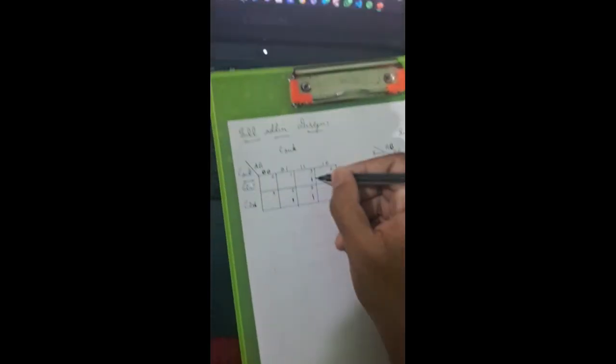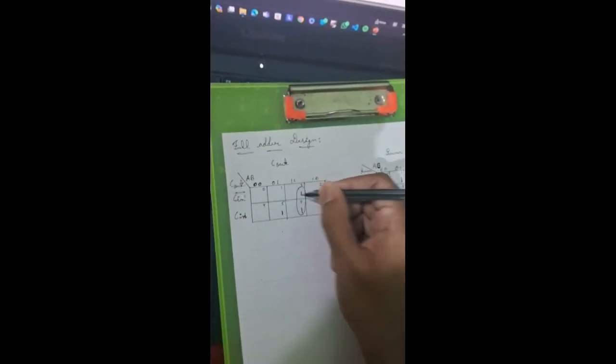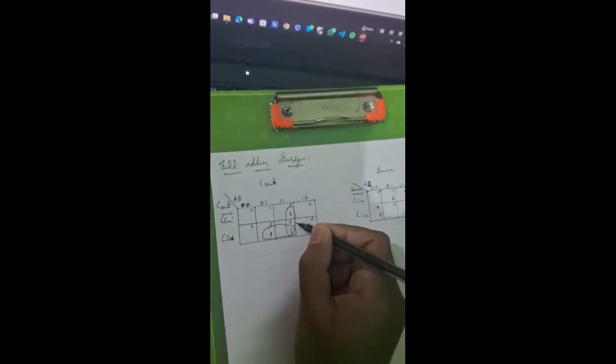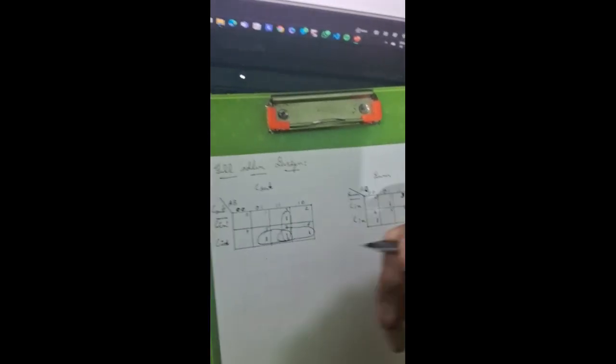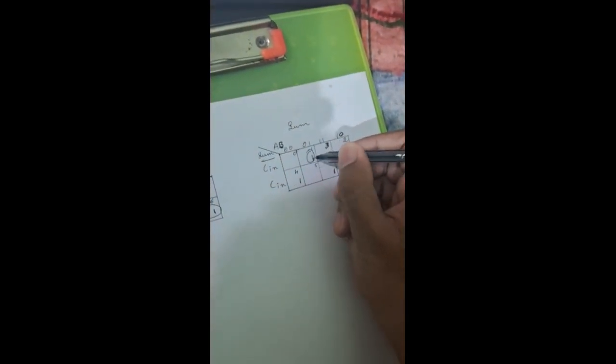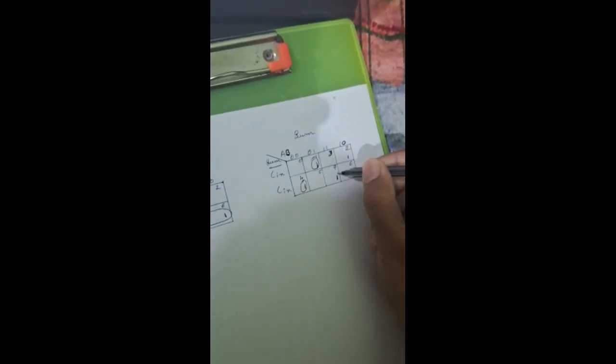Now we shall make the pairing. It is from here to here and here. Since there is no pairing for this, we shall pair it singly here and here.